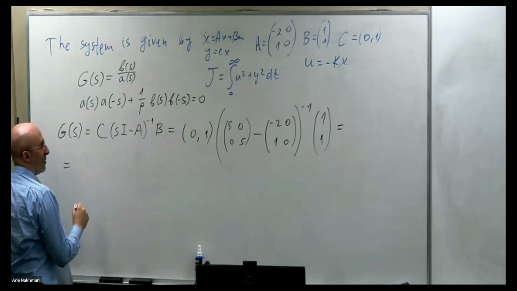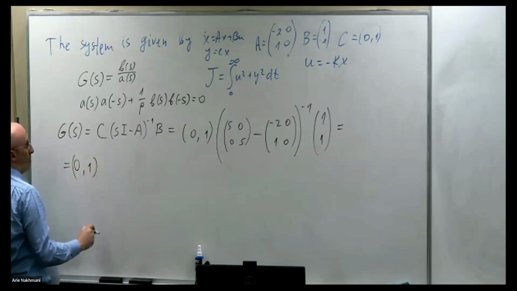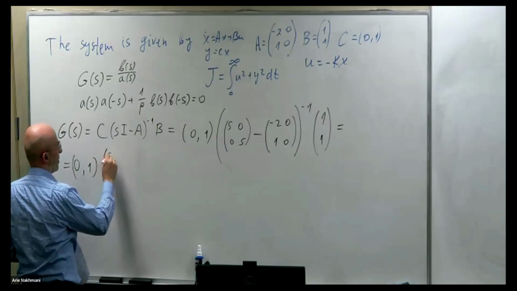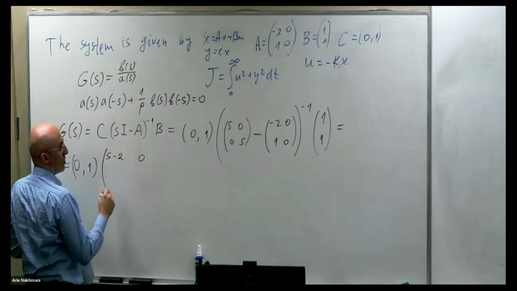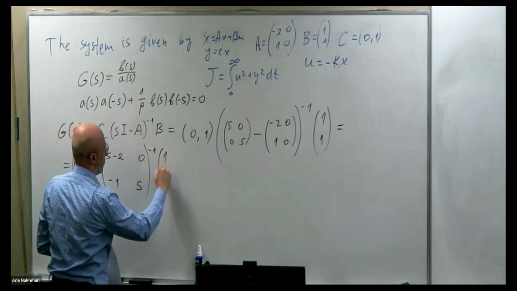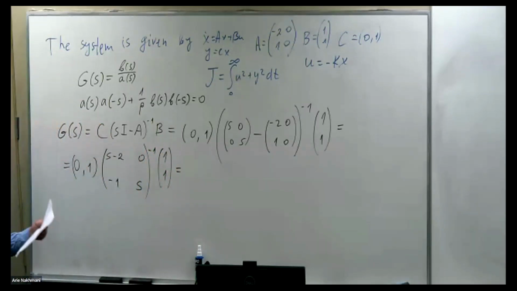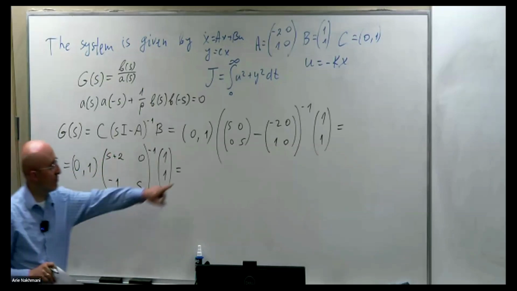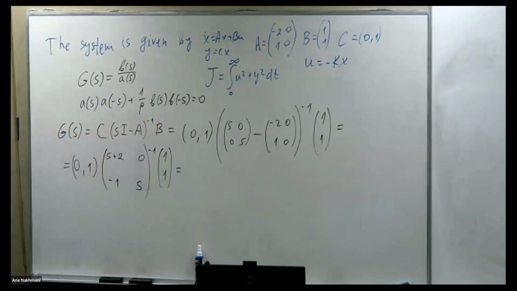This will equal 0, 1 times s plus 2, 0, minus 1, s, inverse, 1, 1. How do you invert a 2 by 2 matrix?